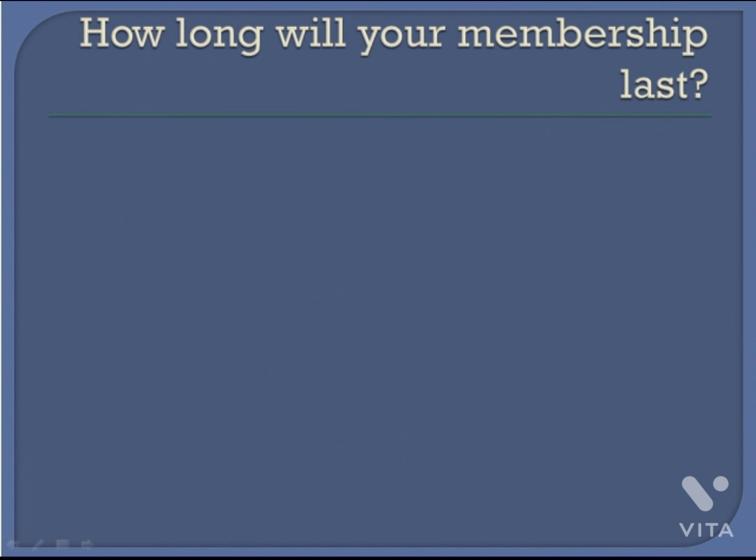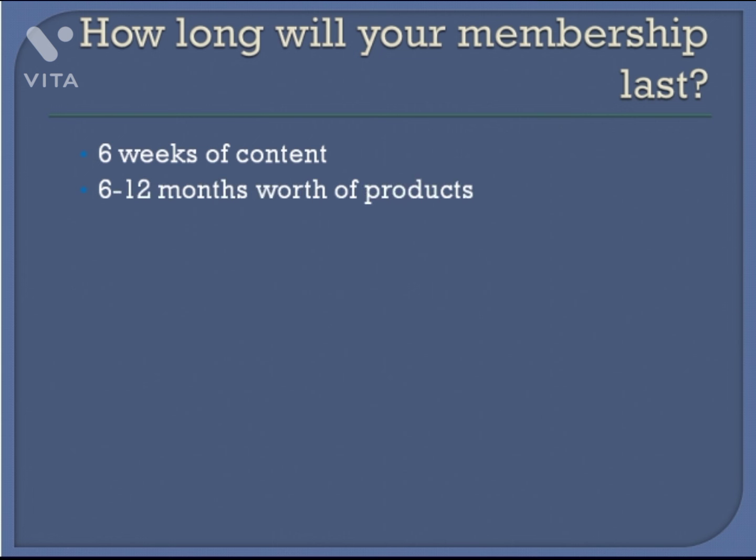Now, what you can do initially is when you gather all the content and see how much content you have, and what kind of content you might need to add, then that will tell you how long your membership site will last realistically. You could have 6 weeks of content. You could have 6 to 12 months worth of products.